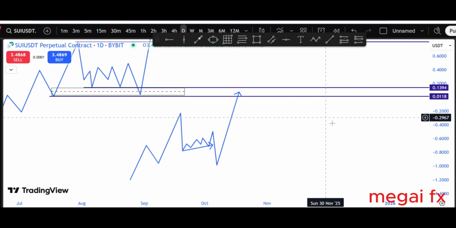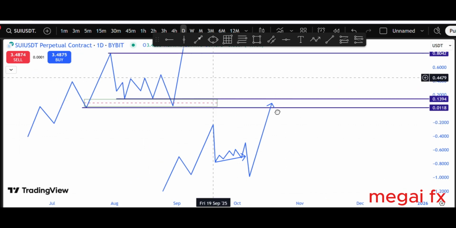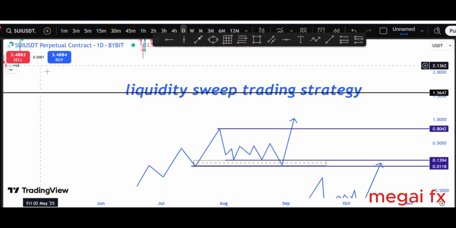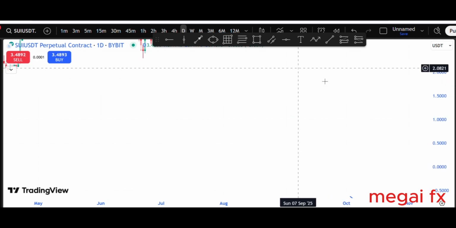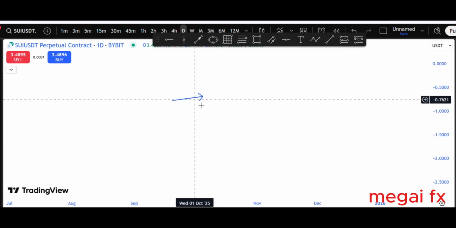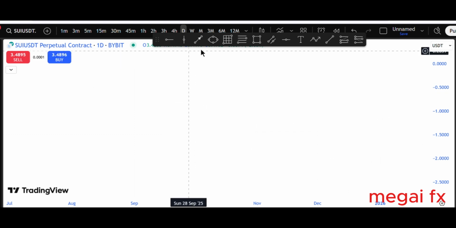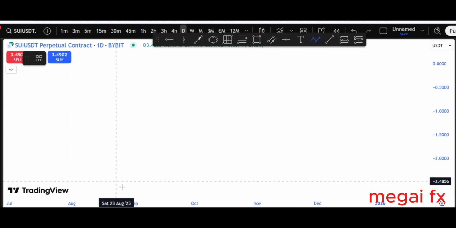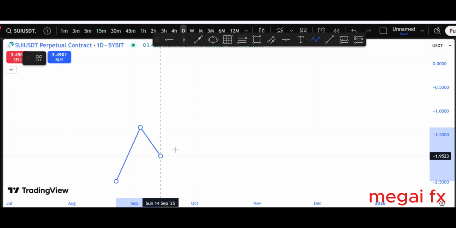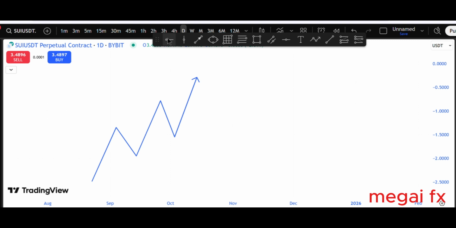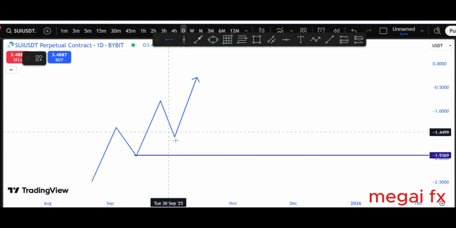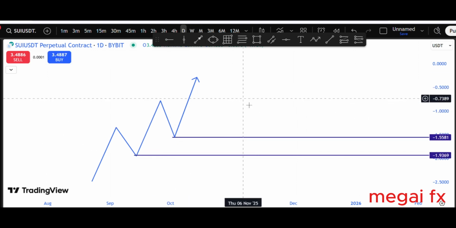So I have two ways in which you can take the trade if you see a liquidity sweep. One is, let's assume I was having something like this before, and the market is coming back, and here you have an old low, you understand?